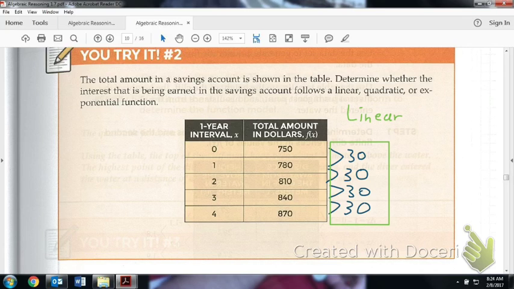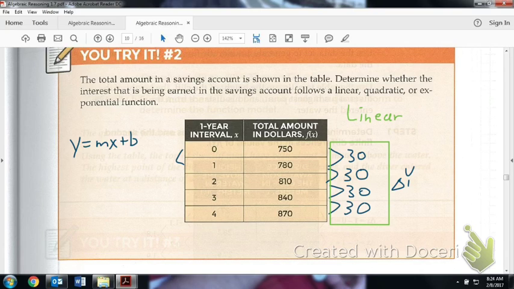So your equation for that one is y equals mx plus b. It's the standard math answer. M is your slope. M is how much you're changing, so it's the change in y divided by the change in x. If you recall, my change in y is 30.